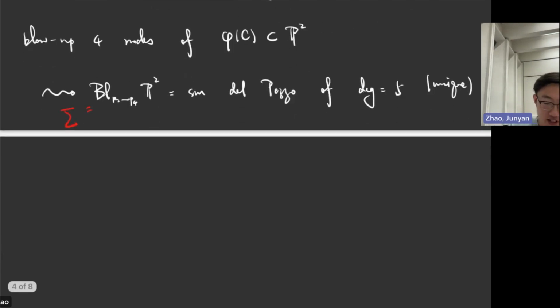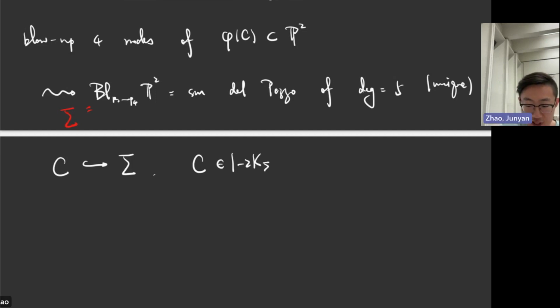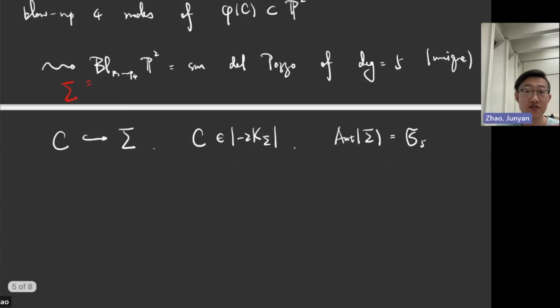So now the upshot is, if you are a general curve of genus 6, your canonical embedding will embed your curve into this smooth quintic del Pezzo. And you can also compute the divisor class. So the C will be in the linear series of the double anticanonical. And by the way, the automorphism group of this surface is S5, the symmetric group. In particular, it's finite.